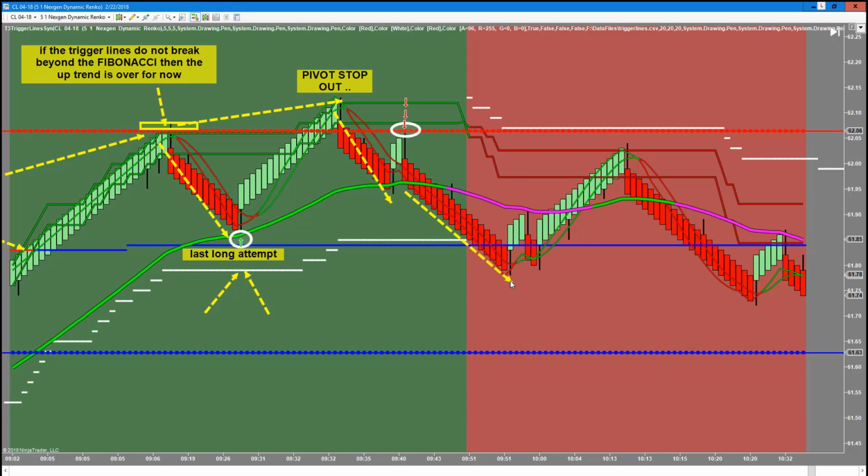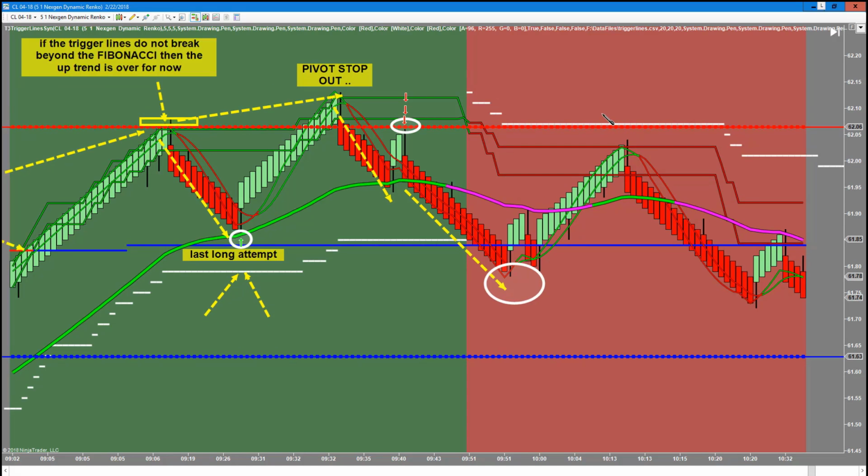And you'll see that, even though we're at support, the trigger lines physically got below the support, which is very important. So when we pull back and we retest the triggers that have crossed down for the first time, we're going to be looking for some type of a short or going down trade over in this area.